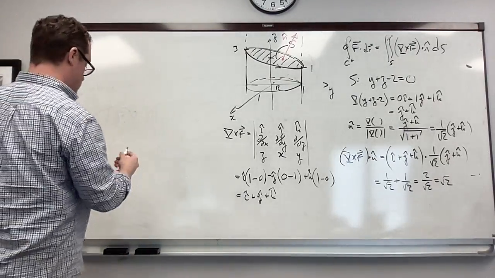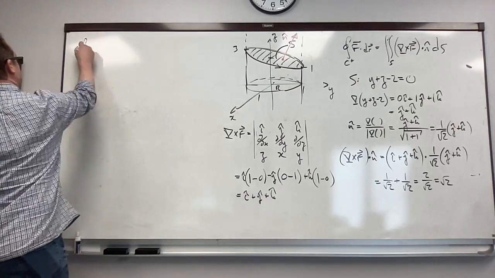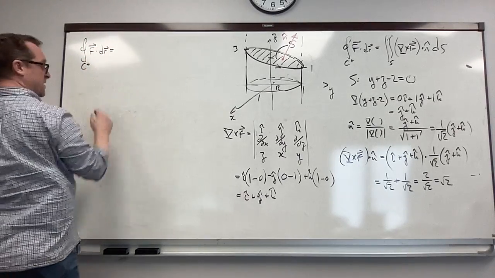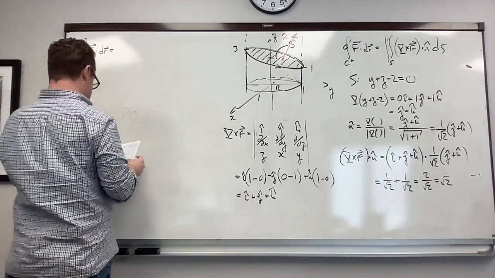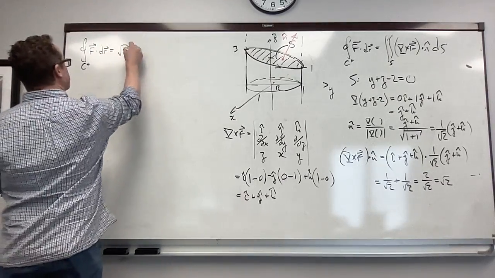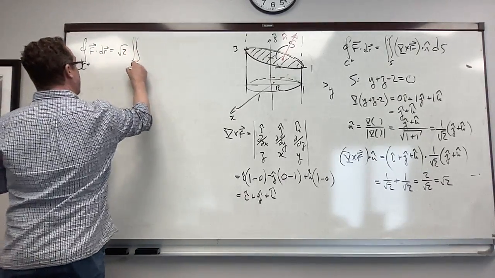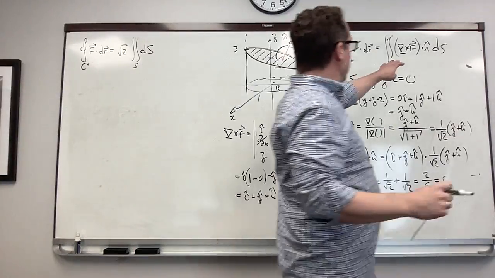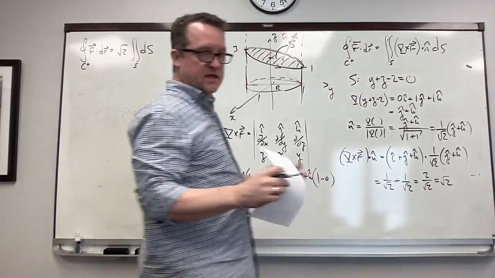So really, what we're asked to find is just square root 2 times dS, right? Because I've calculated the curl of f dot n, this whole thing is square root 2. This is an easy problem.